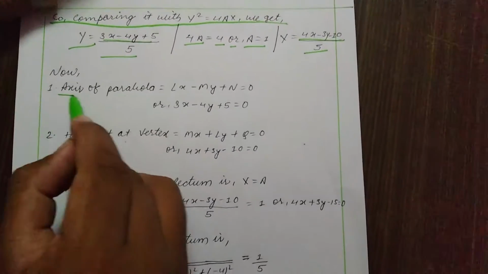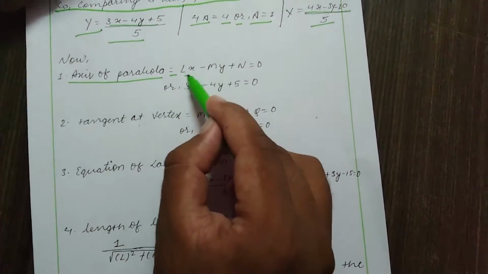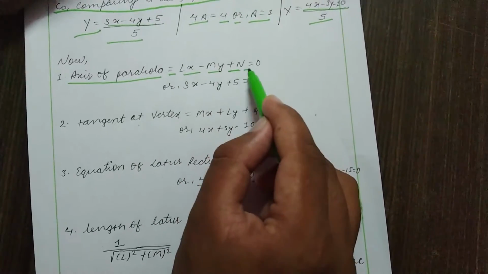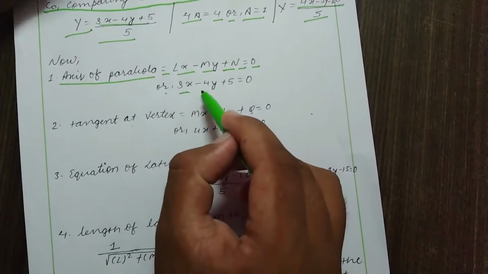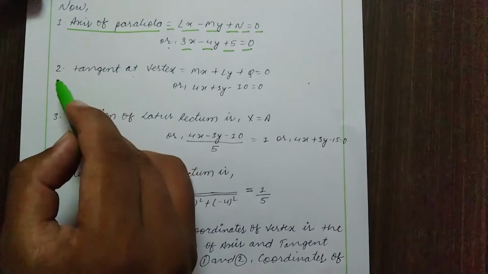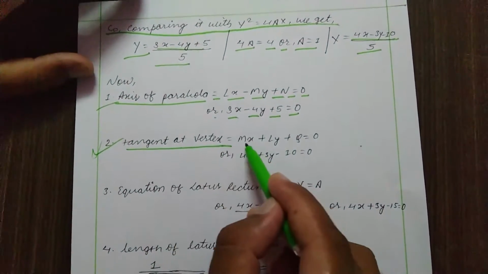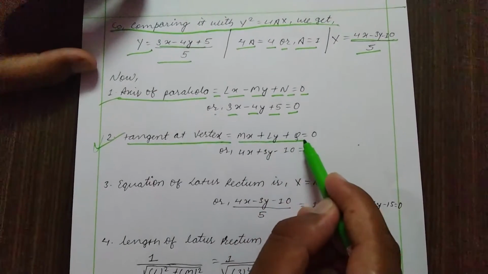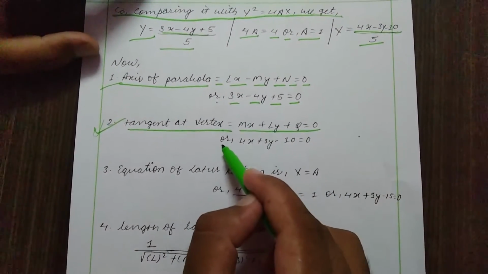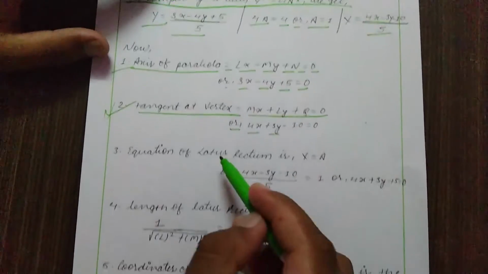Now the axis of the parabola, using the formula lx minus my plus n equals 0, is 3x minus 4y plus 5 equals 0. Number 2, tangent at vertex is mx plus ly plus q equals 0, or 4x plus 3y minus 10 equals 0.